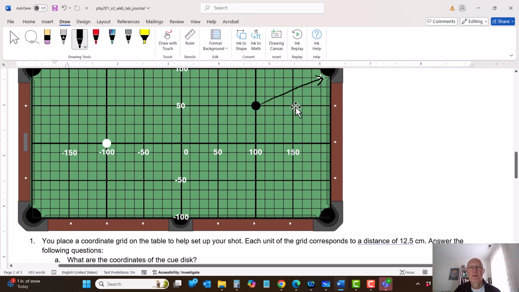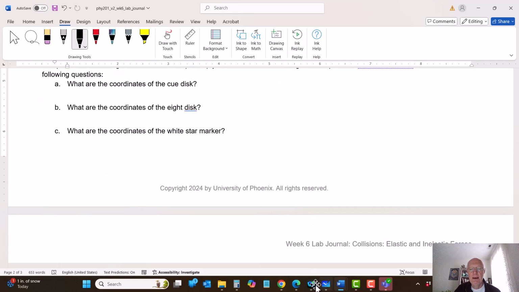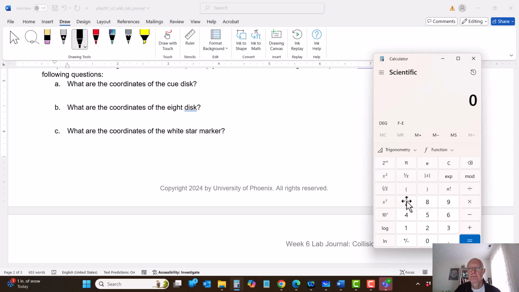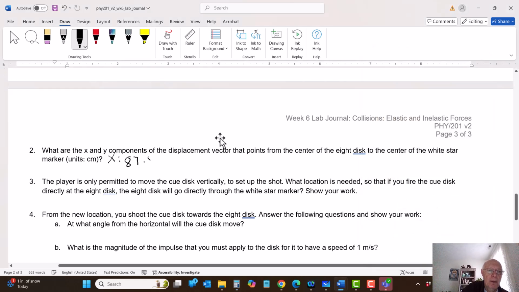So I have, let's see, 4 there, 5, 6, 7 times 12 and a half, right? So 7 times 12 and a half is 87.5. So the x component is 87.5. Hope you can write more neatly than I can here, or type it in, right?